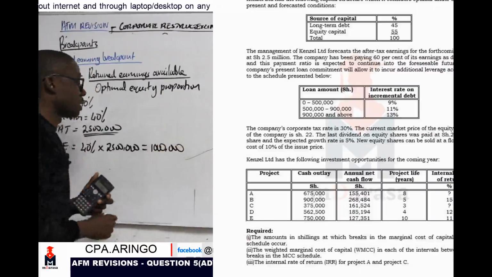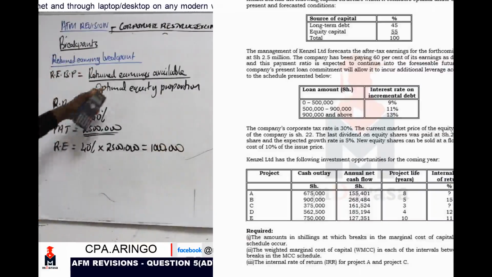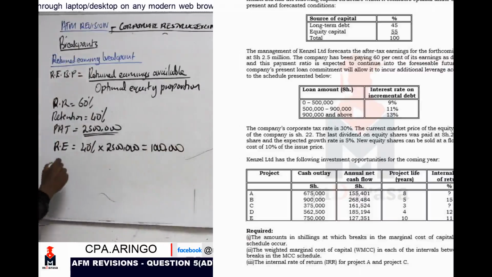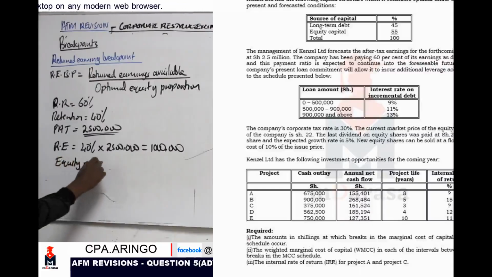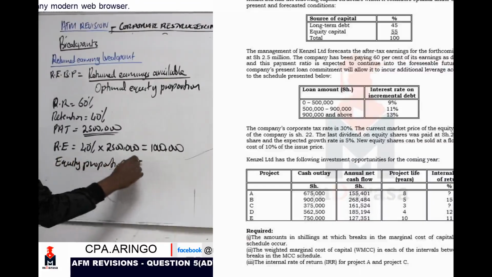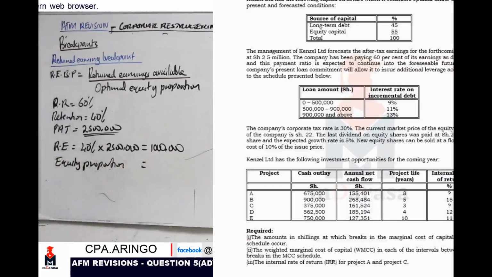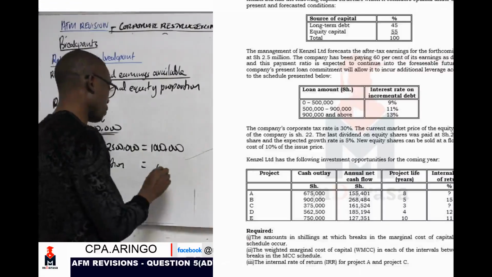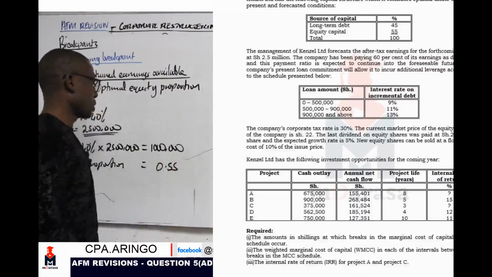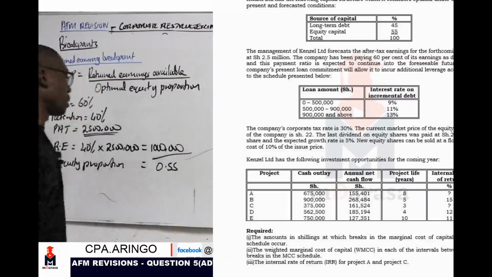So after we have determined the 1 million, what was our equity proportion? For the equity capital, I'm given 55%, that is 0.55. So what will be our breakpoint?